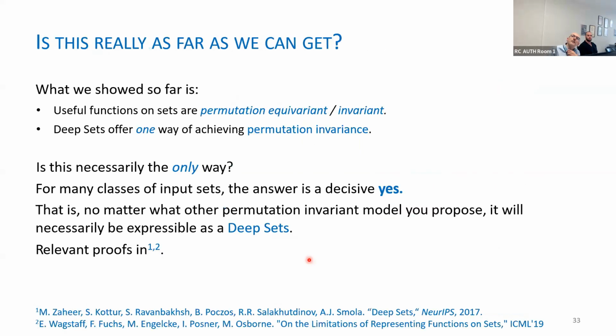Okay, the final slide for this introductory material on point sets. What we have shown here is that we have found a way to have functions that are permutation equivariant and invariant.